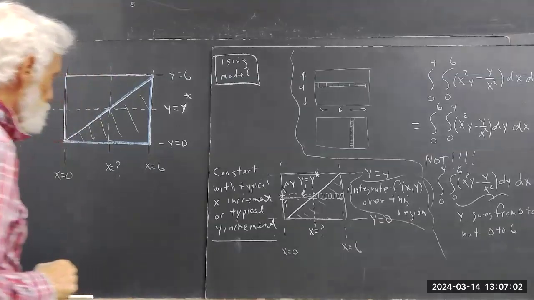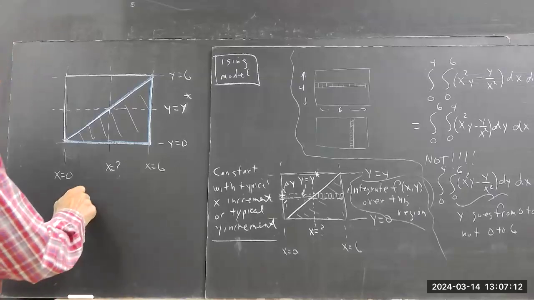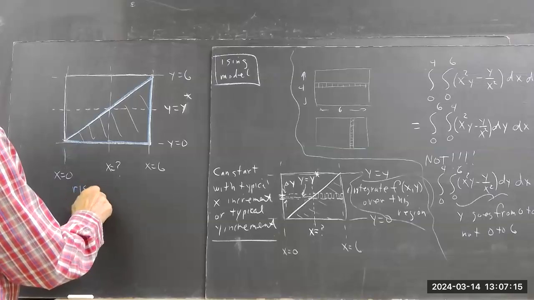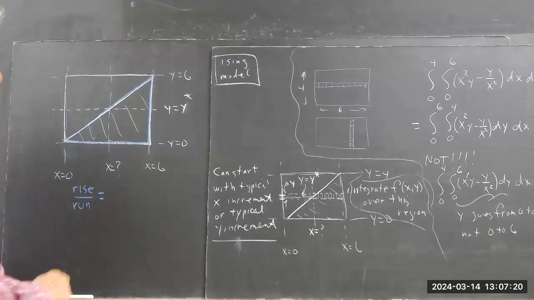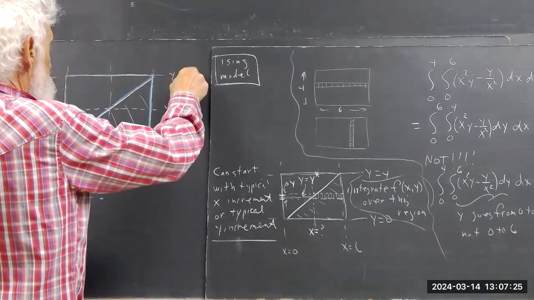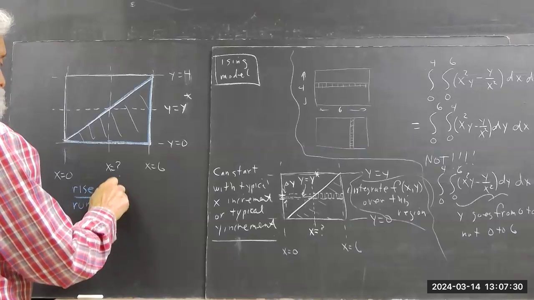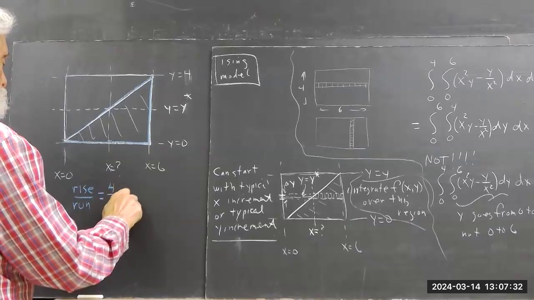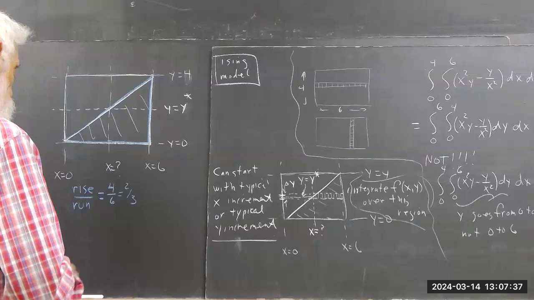I'm just trying to decide which way will make the most sense to you, and I keep coming back to slope. And then some y equals 4, not y equals 6. Rise over run, 4 over 6, which is 2/3, right?